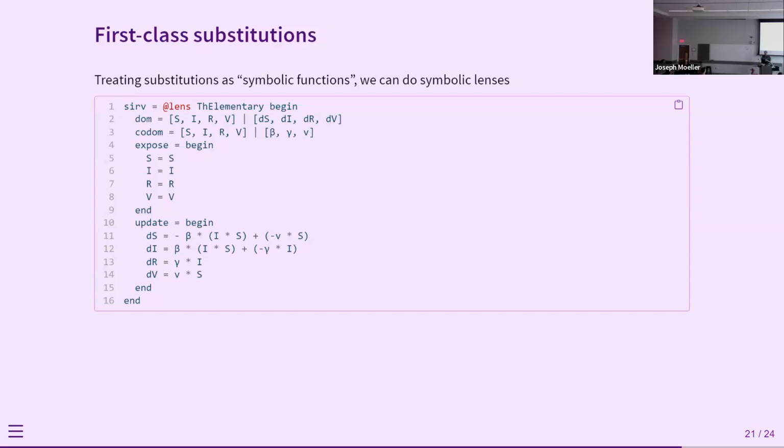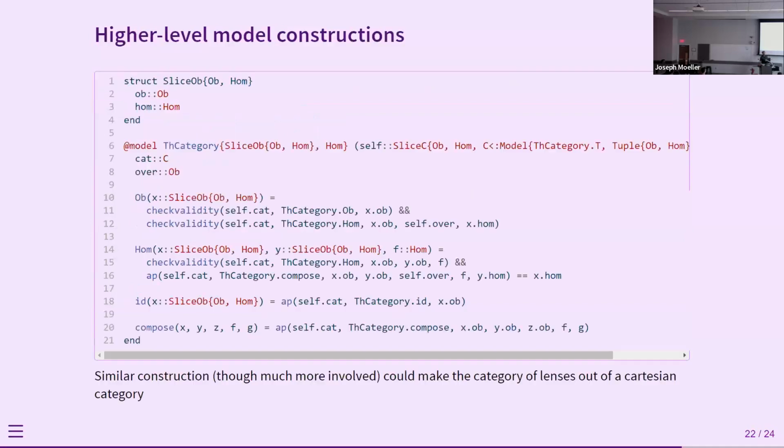So in that way, a substitution is like a symbolic function. And we can use this to make symbolic lenses. So this is a symbolic lens that implements the open system of the SIRV epidemiological model.